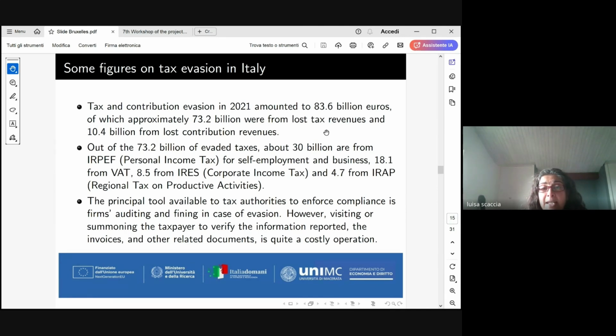So obviously the main instrument, the principal tool available to tax authorities to enforce compliance of firms is that of auditing and fining in case of evasion. However, the problem is that auditing firms is an expensive and time-consuming operation, so it would be really helpful to have instruments which could target auditing.